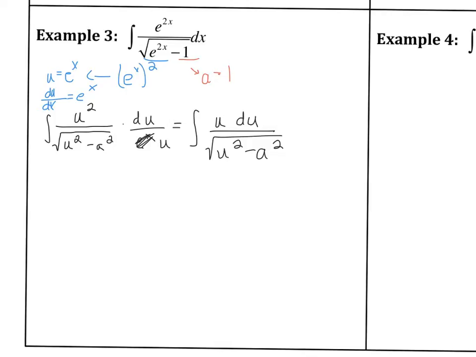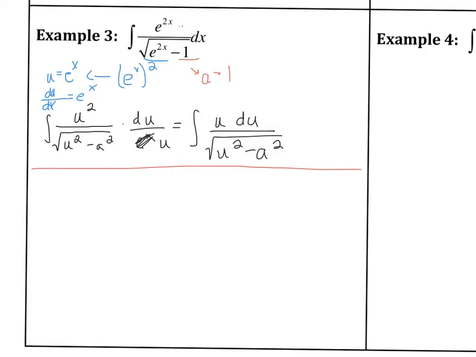All right, so let's draw a line and try this again. The first question we should always ask ourselves is, do I see a function somewhere and its derivative somewhere else? Because that's like a basic u substitution, right? And the answer here is yes. This e to the 2x on top is the derivative of the e to the 2x in the bottom.